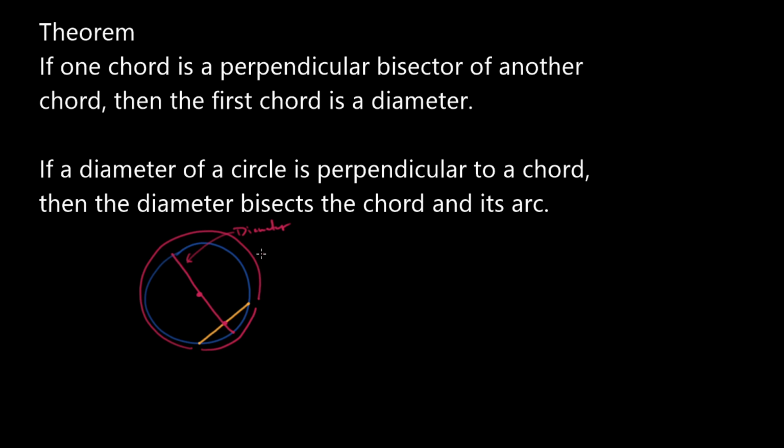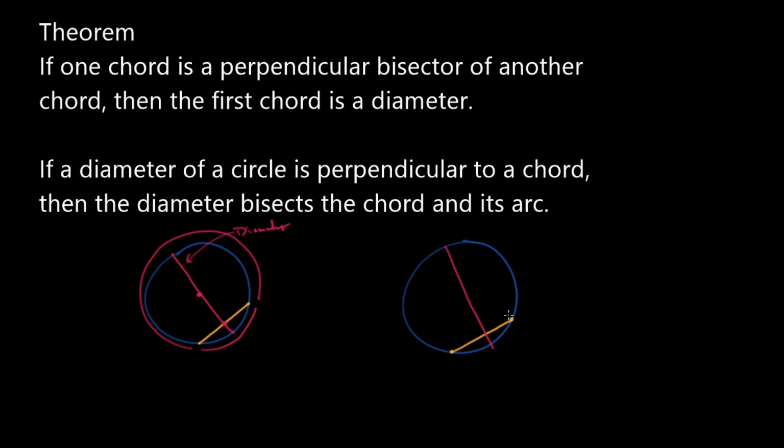This next statement is kind of the converse of it. So if I have a diameter of a circle and it's perpendicular to a chord, so I'm going the other direction. So if I draw my circle again, and I have a chord, and the diameter of the circle is perpendicular to a chord, it has to be perpendicular.